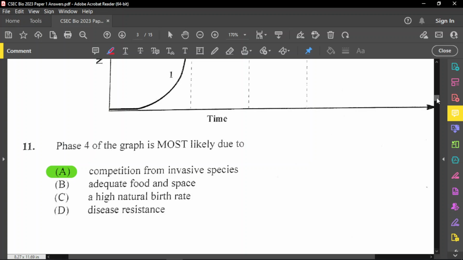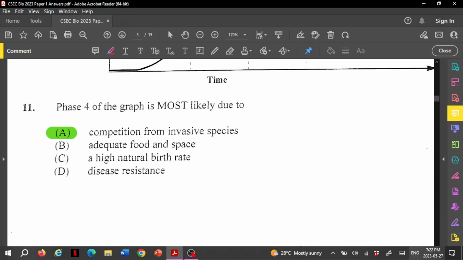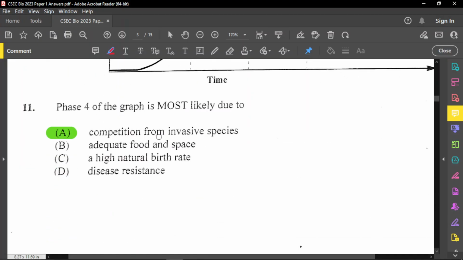If you look at phase 4 carefully, a decline is taking place at phase 4, right? So it was high, then it started coming down. And so what could cause a decline in the population? And here, competition from invasive species definitely is quite the answer. The others will actually cause an increase, okay? So if you go through them, you notice those will cause an increase in the population.